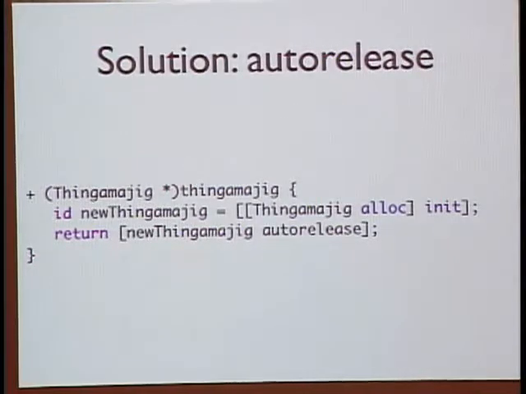So that would give me a chance to grab the thingamajig, retain it, and hold on to it. And if I don't retain it, then at some point during the event cycle, the thingamajig is going to get a release message sent. By doing autorelease, you're saying, hey, mark this for deletion sometime in the future, and that time in the future, as far as you're concerned, will be well beyond wherever you would have wanted to use it.